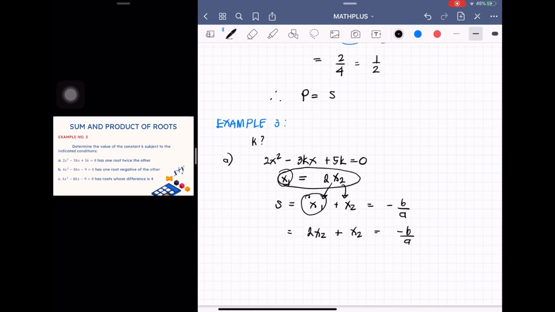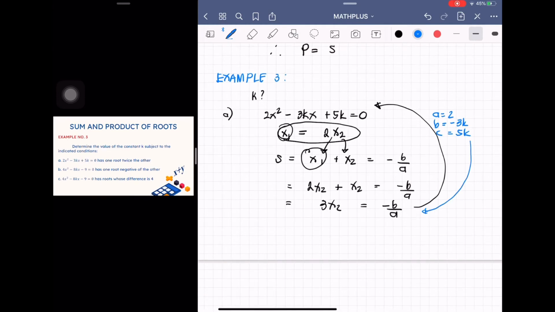That means 3x sub 2, your sum of the roots, will be equivalent to negative b over a. Then you go over your equation and identify what b, a, and c are. From the given equation, which is already arranged in the general form, you have a equals 2, b equals negative 3k, and c equals 5k.